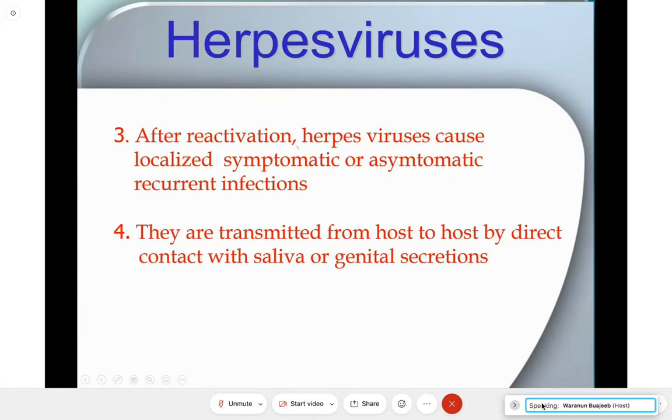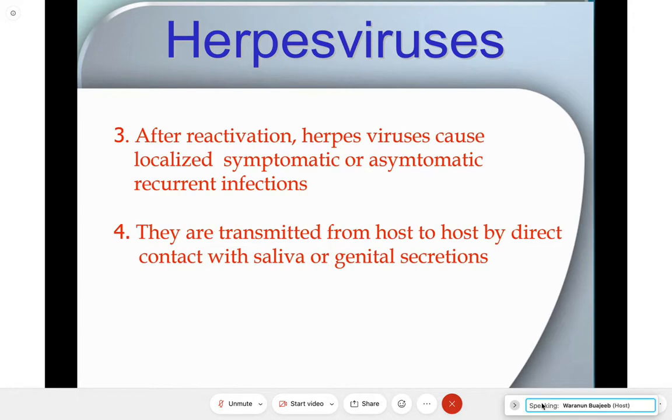If the latent virus is activated, it can cause replication again, and the virus will travel along the nerve to infect the epithelium or epidermis, causing the lesion.